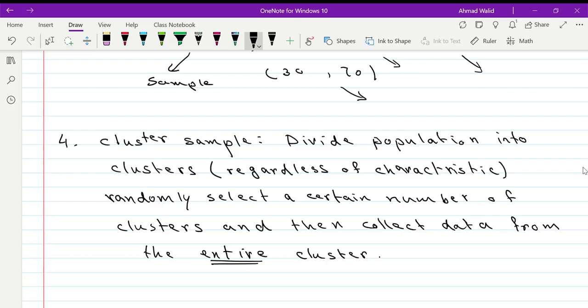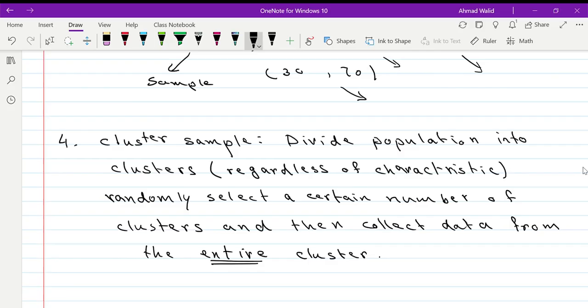Cluster is like a group, right? First you divide a population in different clusters, but remember your clusters are regardless of any characteristic. Like in my class, I can divide you in clusters, but I cannot say, oh, in my first cluster, the students age 17 to 21.